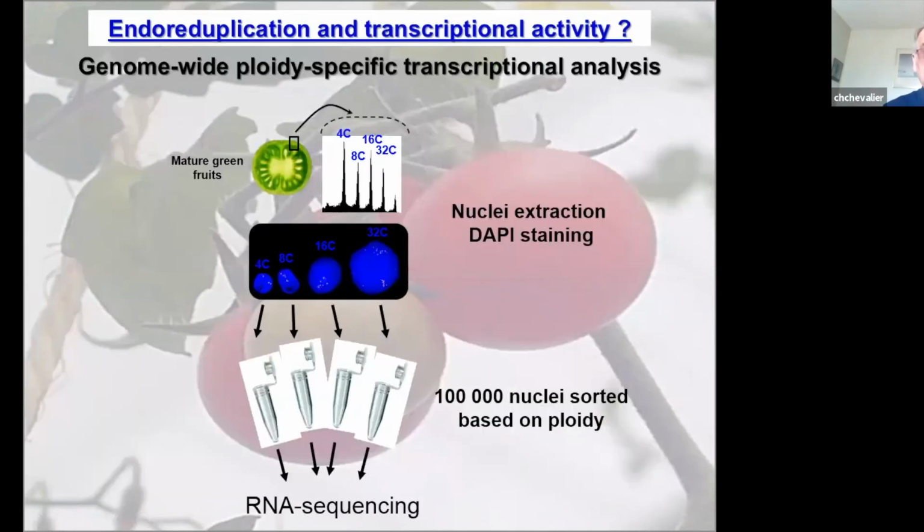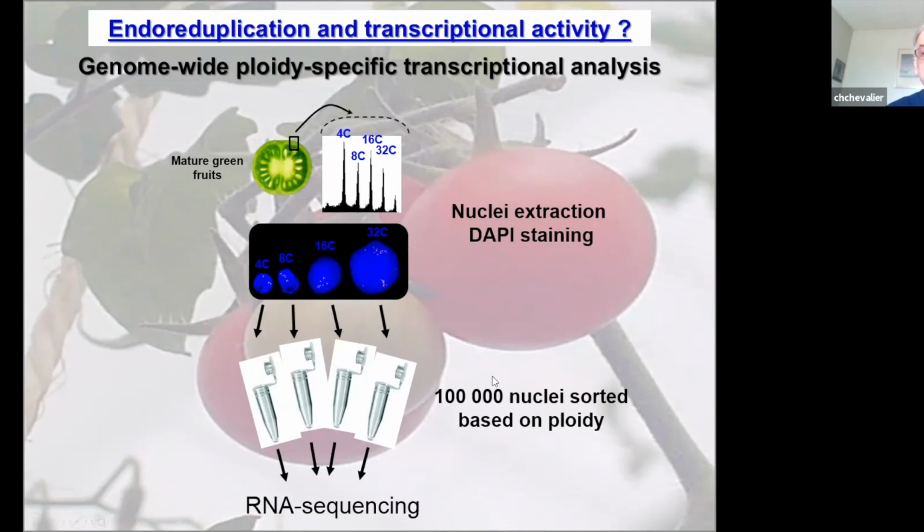And what we wanted to demonstrate in the following experiment is to have a wider view, a genome-wide view of transcription. So here, what we did was, again, to purify nuclei at various ploidy levels, 4C, 8C, 16C, 32C.